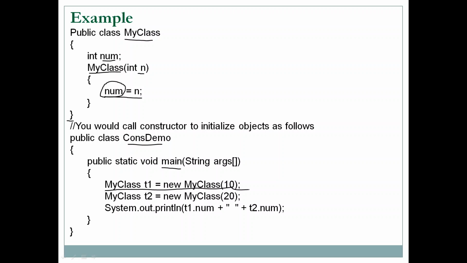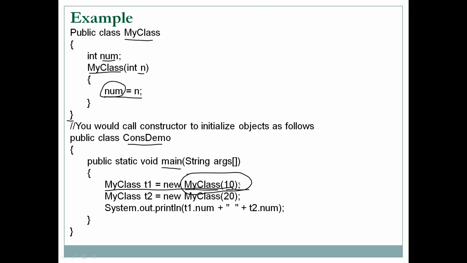So we have MyClass t1, an object of MyClass, equals new, the constructor call, and to the constructor we are passing 10. This part of the object creation is for the constructor, and here we are calling the MyClass constructor by passing the value 10.